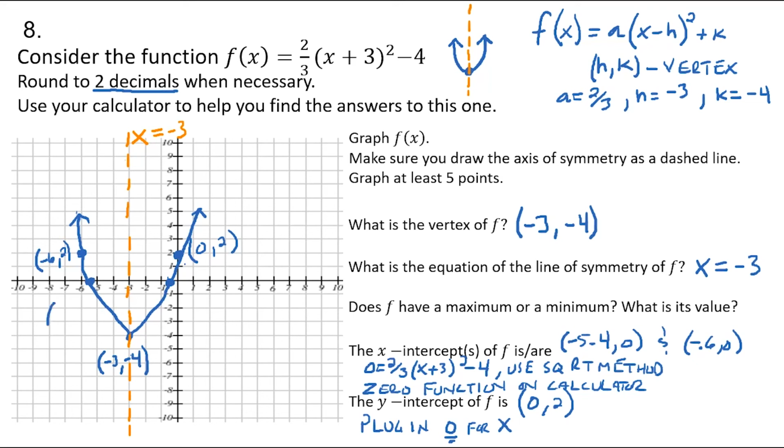So this is -5.4, 0 right there, and then I have -0.6, 0 right here.